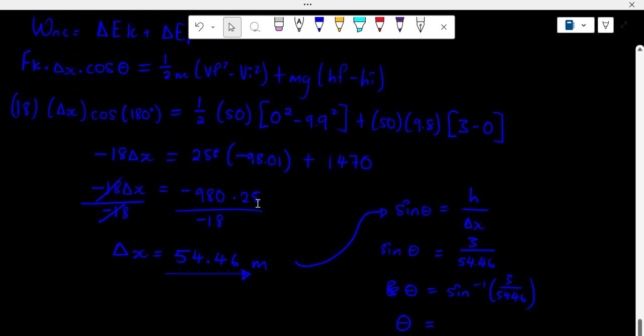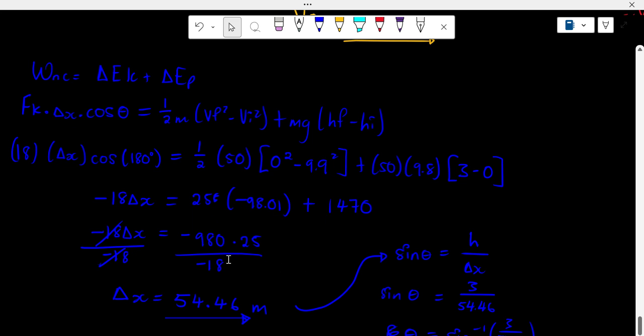So let's see, what did I do? Maybe there was a blunder in my calculations here. Let me quickly put this part in the calculator again and see. So this is 1 over 2 times 50, right? Times 0 squared minus 9.9 squared, right? Plus 50 times 9.8 times 3.